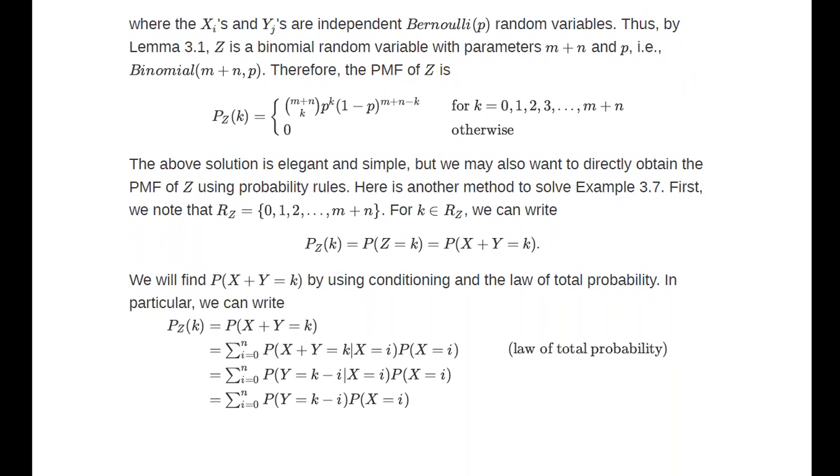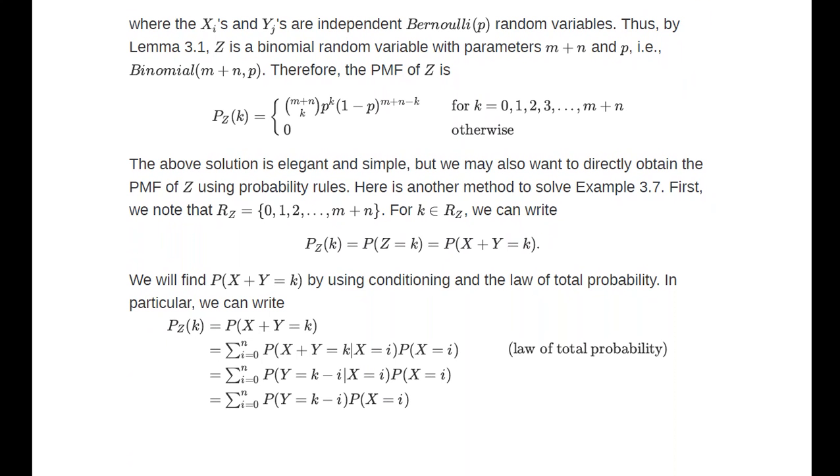Therefore, the probability function of Z is P_Z(k) equal to m plus n choose k times p to the power k times 1 minus p to the power m plus n minus k for k equal to 0, 1 and 2 until m plus n, and 0 otherwise.